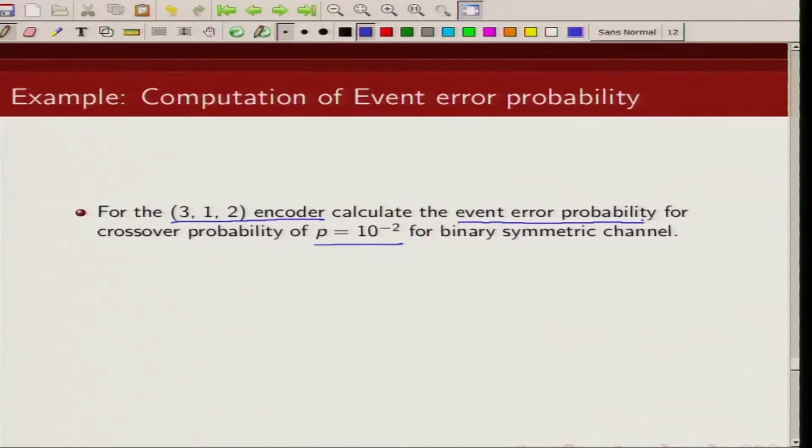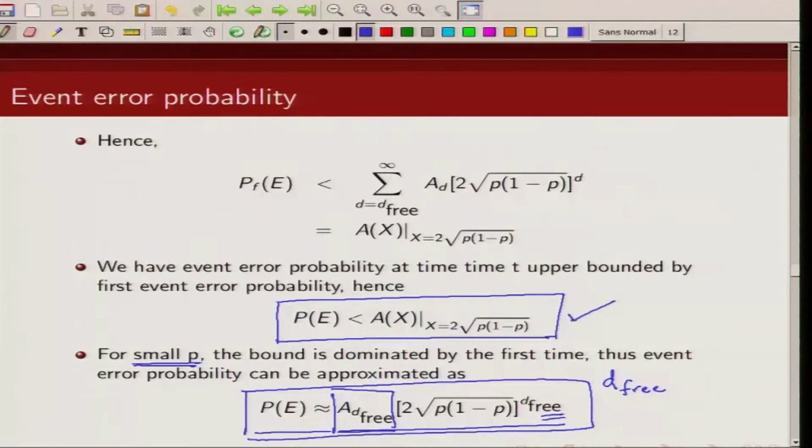Now, we know the bound on event error probability, given by this expression. In this particular example, p is very small, p is 0.01, so we can get the approximate expression of event error probability from this.